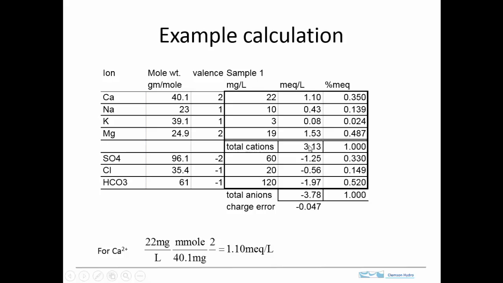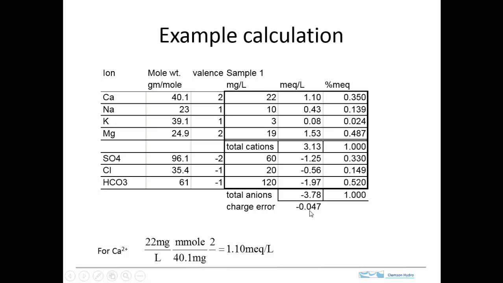This is the total cations and the total anions. And this is like the total number of charges. So you might remember from chemistry that in ionic solutions, you have to have the charge balance. So the same number of cations as anions. So you can add these up and it should go to 0. In this case, it's not quite 0, but it's pretty close.